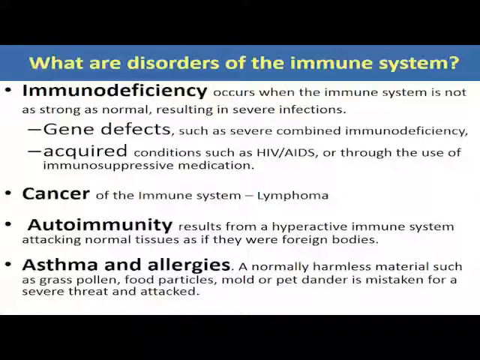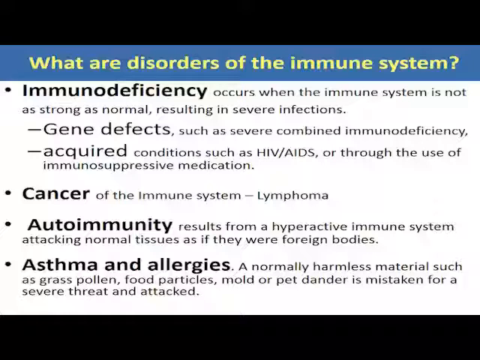So the third aspect is the immune diseases, different types of disease that are directly related to the immune system. The immune system is probably involved in almost every disease system, but these are the main ones. One is where the immune system doesn't work because these cells are either not there or they don't work.